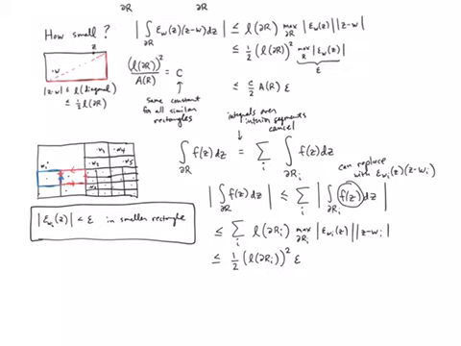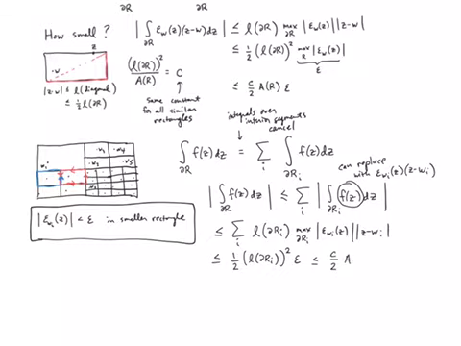And because all of the little rectangles are similar to the big rectangle, they all have the same ratio of the perimeter squared to the area, c. So we can write this is less than or equal to c over 2 times the area.